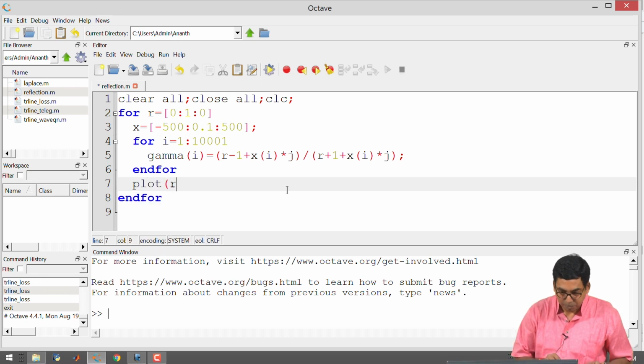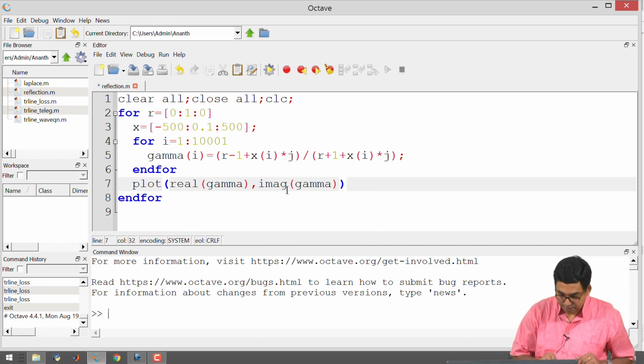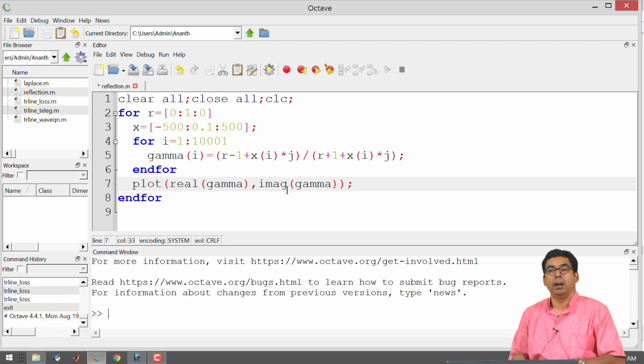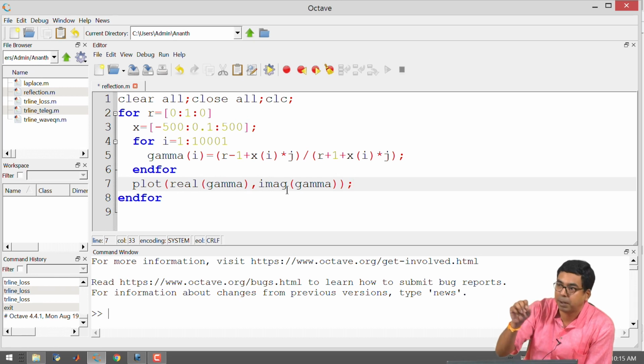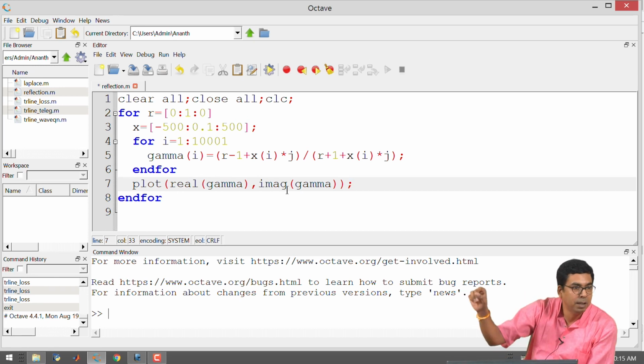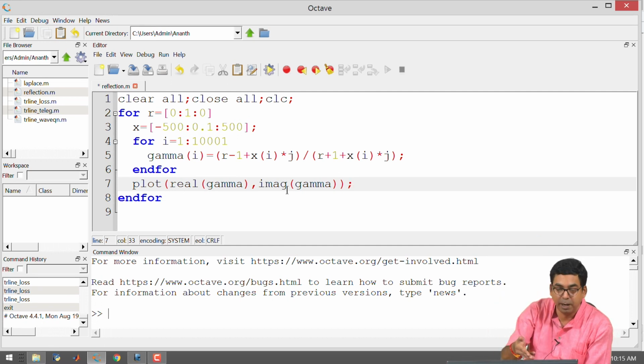I simply want to plot the real part of gamma with the imaginary part of gamma, right, as I have described. This is going to be otherwise known as the complex gamma plane. The complex gamma plane, I am just using the real part, I am going to be taking it as the x-axis. Imaginary part is going to be the y-axis, and I am going to place a point corresponding to the calculation.